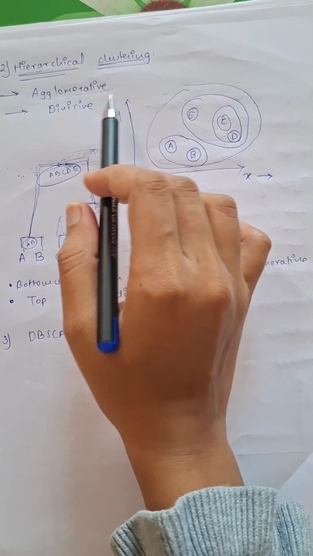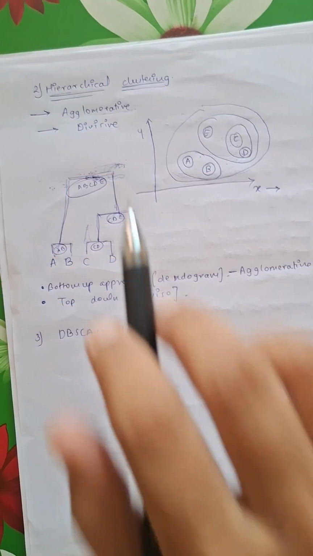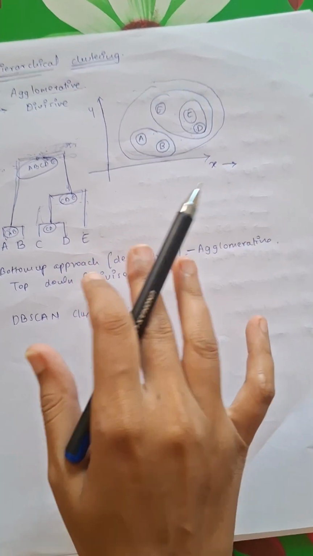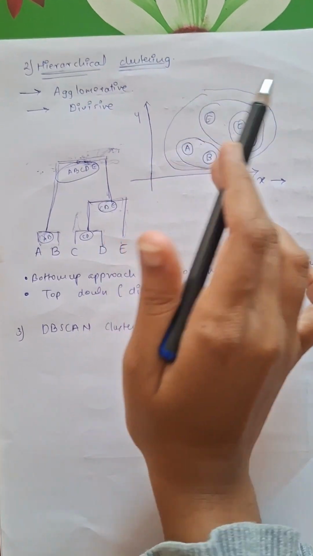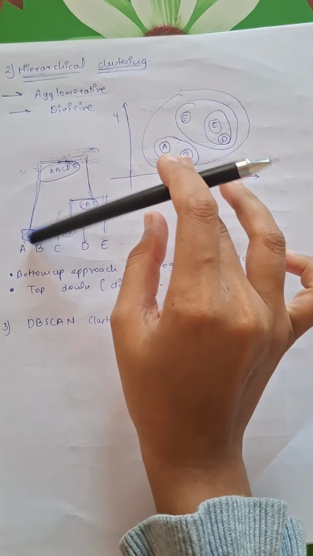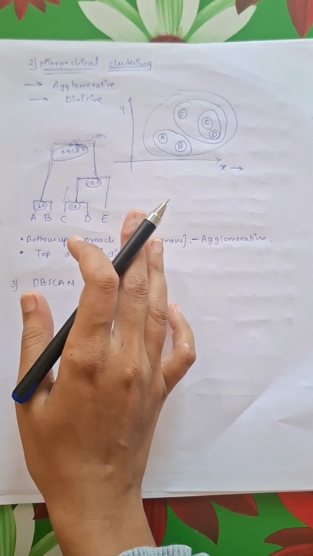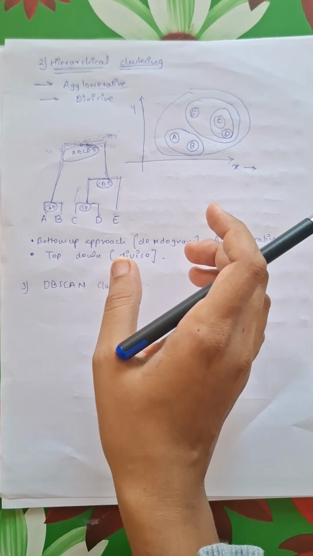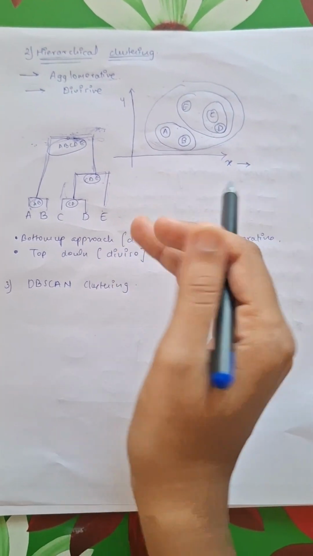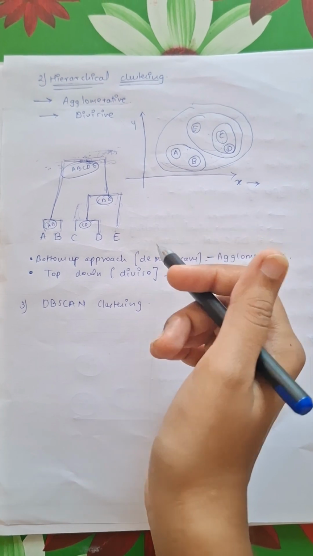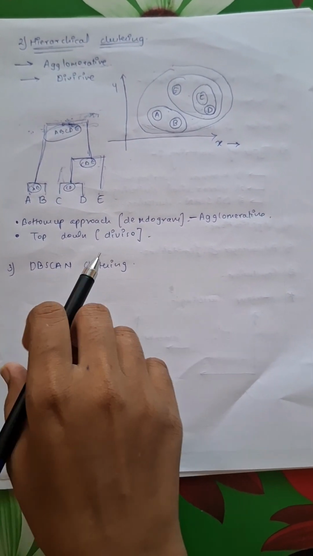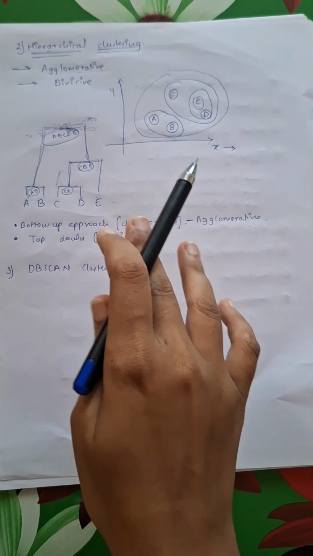So it is an agglomerative example, which is called a dendrogram. Divisive is similar, but agglomerative was the bottom up approach, and divisive is where all the data points start in one big cluster, then split recursively. That is the top down approach.